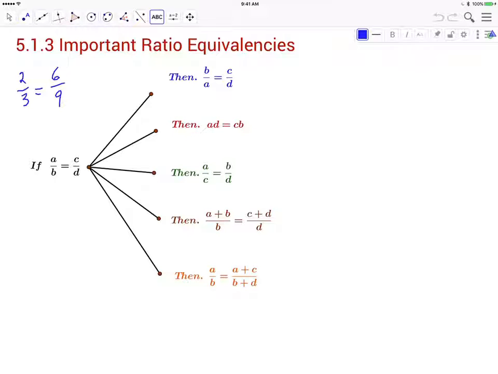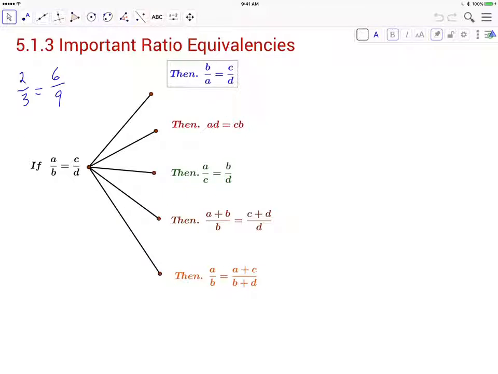The first thing that we have up here, number 1, then B relates to A the way that C, well, that shouldn't say that. That should actually say D relates to C. So let's make that change right here.